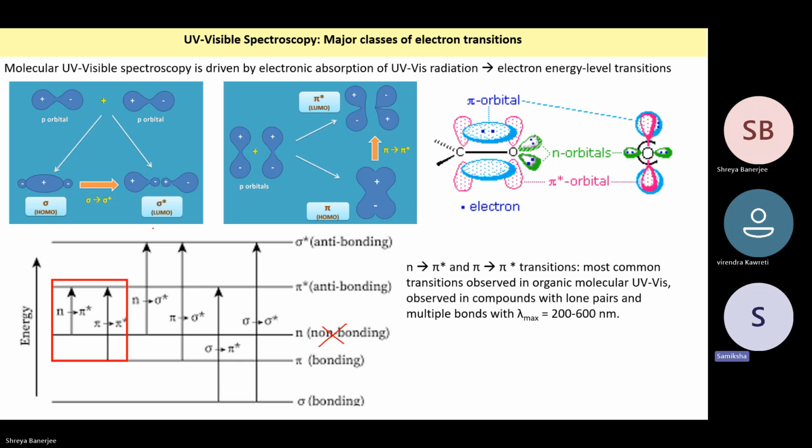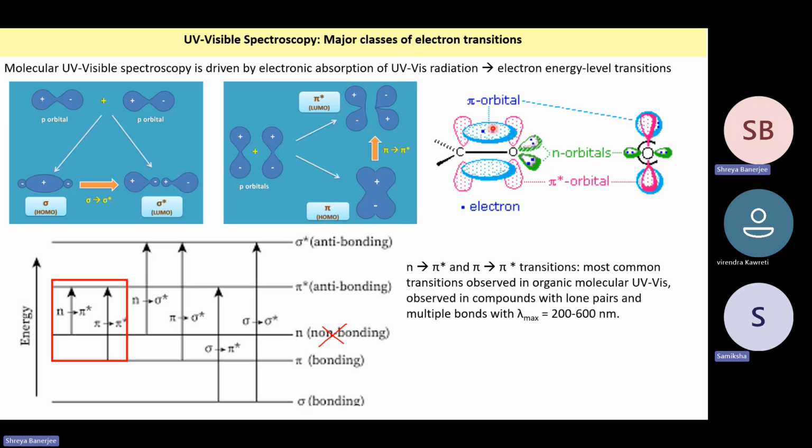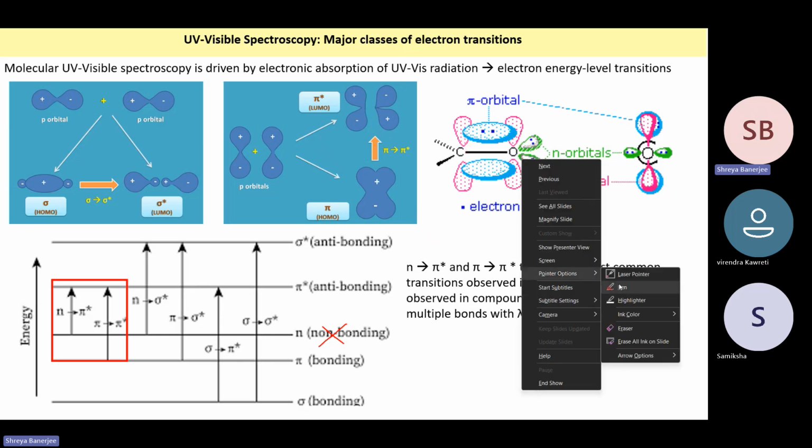And in the right diagram, the blue color electrons, are they sigma bonded or pi bonded? This is pi bonded, because a pi bond has lobes in the upper and lower regions with the nodal plane in between. A sigma bond will be present like this.